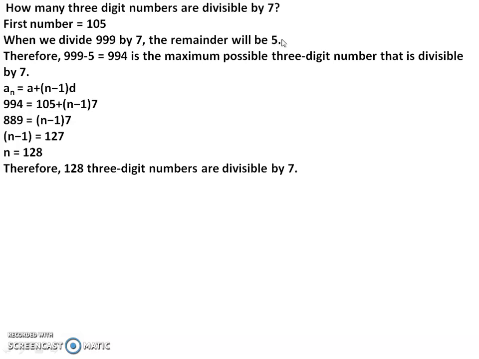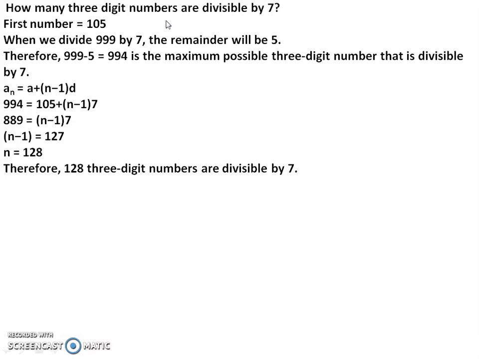The remainder will be 5. Just subtract it from 999. So 994 is the largest 3-digit number which is divisible by 7. What is that? Divide 999 by 7 and the remainder you should subtract it from 999. This is the method for each and every question which is divisible by any number.